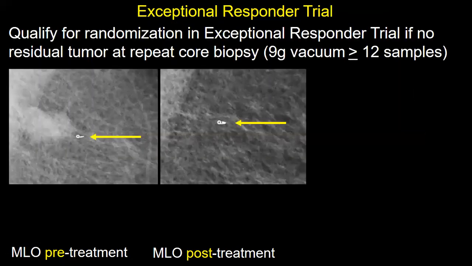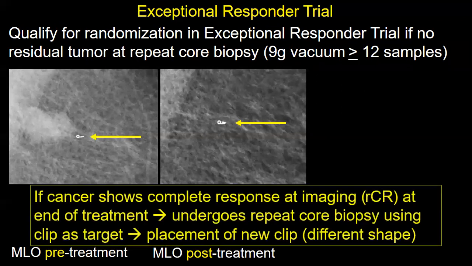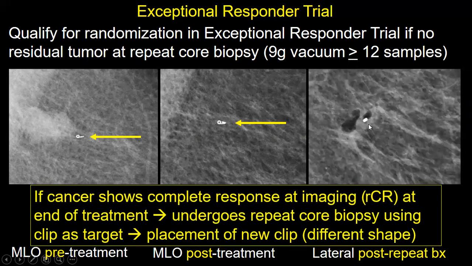To show you the image bigger, here it is, the first clip removed with the 9-gauge vacuum, 12-sample stereotactic biopsy. We want to make sure those tissues have no disease. And if there's no tissue left, then the patient may qualify for randomization in the exceptional responder trial, okay? And we put in a new clip of a different shape. And there is the new clip of a different shape now.